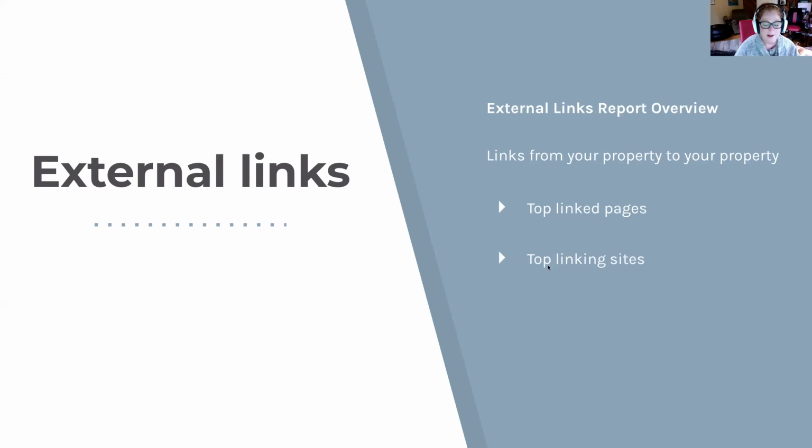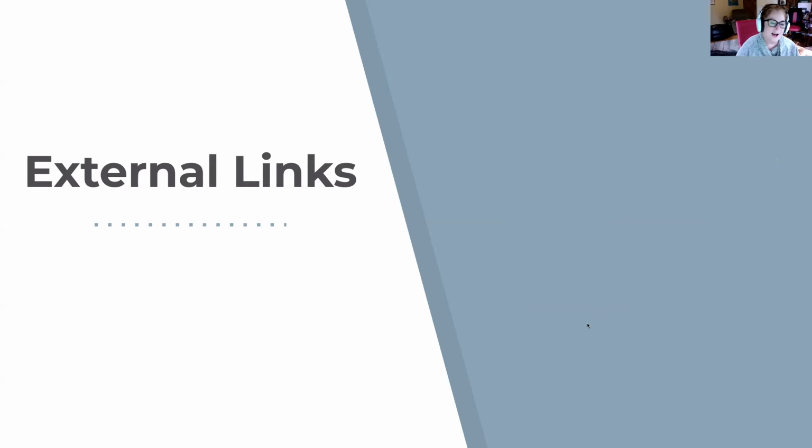So if you're a marketer and in a footer of a website, you put your website URL, all the pages on that website will be a backlink for you, which is good. And you're also going to see top linking text. And this is why we talked about the internal linking structure where the rich text that we want to put in has keywords, because you're going to see some funny things like click here and things like that.